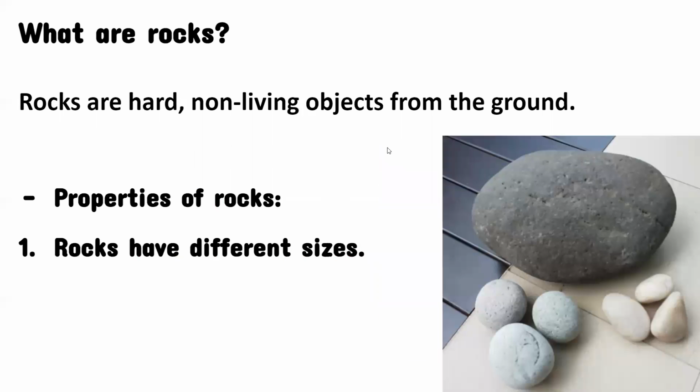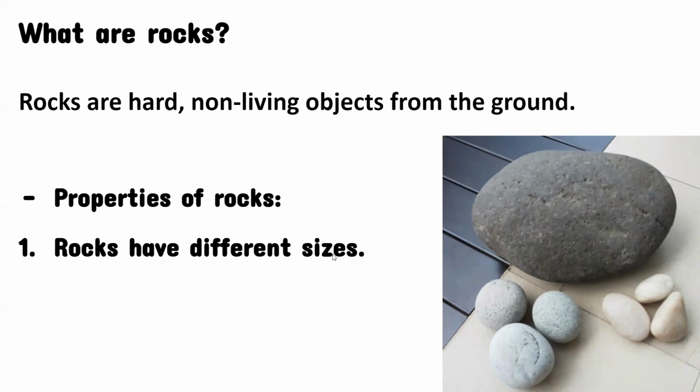Okay, the second one. Rocks have different sizes. Here we were supposed to have number 2. So rocks have different sizes because some of them are big, some of them are small, some of them are in between, not too big, not too small, okay? So this is another property of a rock. It is the size of the rock.